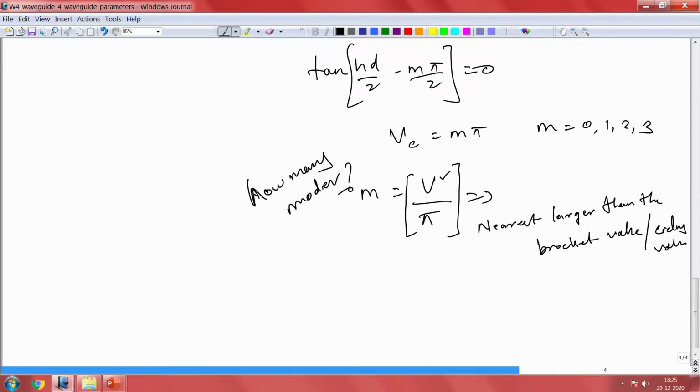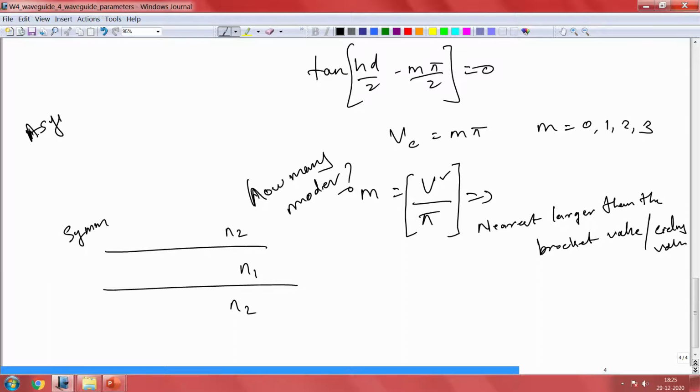An interesting fact to note here is there are two types of waveguides you can have. One is symmetric and the other one is asymmetric. In asymmetric we have something like this, where n1, n2 is not equal to n3.